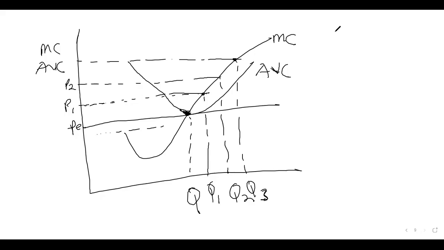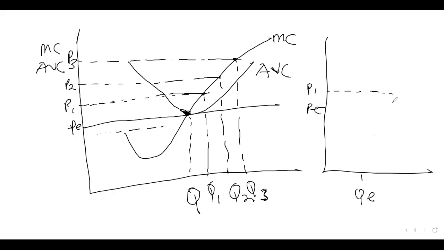So now let's bring the prices and then the quantities to a new diagram. So at price E, the quantity was QE. At P1, the quantity was Q1.